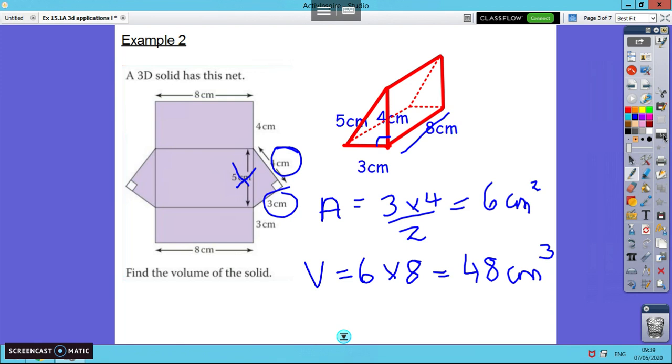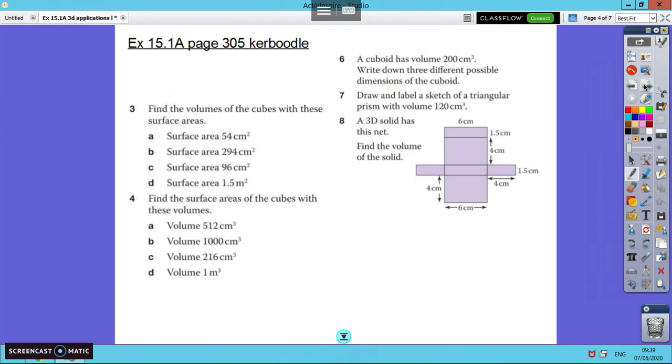Okay, so I've selected a few questions from exercise 15.1a for you to do. I've selected how many questions? 5 questions, and then there's an extension question on the next page for you to do. So the first 2 are the same as example number 1 when you're finding the volumes from the surface areas or the surface areas from the volumes of cubes.